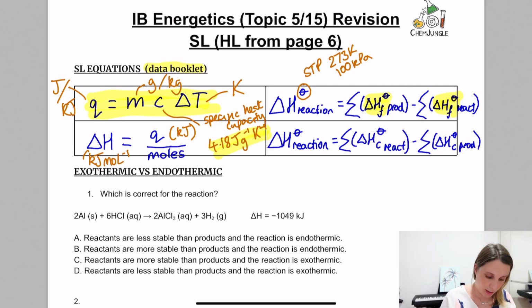If you're given combustions instead of formations, then it flips around just because of the direction of the arrows and becomes reactants minus products. So just be aware that they flip around and they can change. But let's do some examples in a bit and we can see how you would utilize these inside a question.